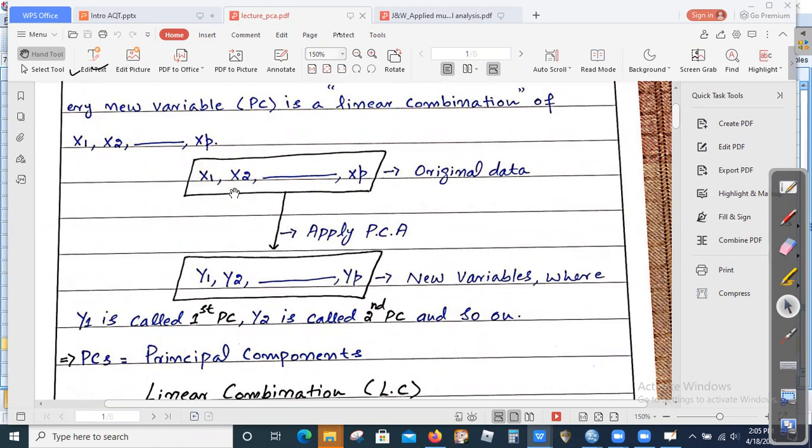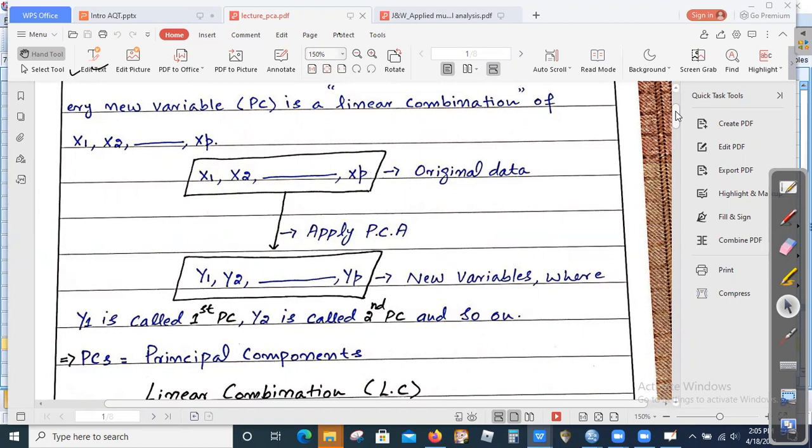If you have 50 variables in your data set, the technique of PCA, using this transformation that we call PCA, initially would also give you 50 new variables, right? But the purpose would not be to consider all the 50 new variables, because if that is the case, then there is no particular advantage of PCA, right?